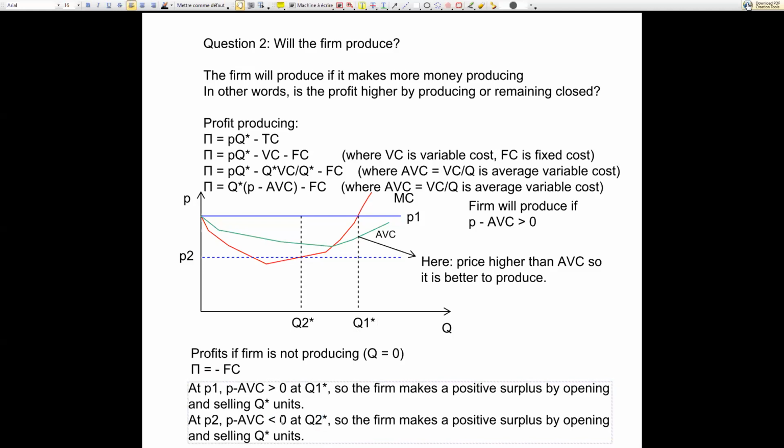So the firm would make negative surplus by opening and selling Q2 units. So it stays closed.